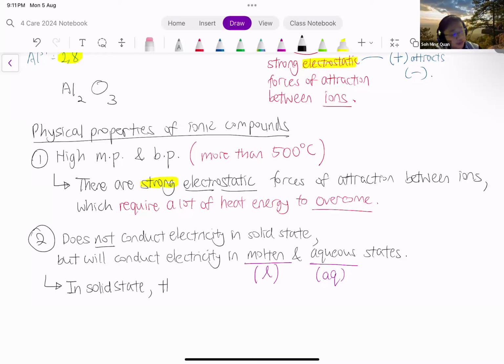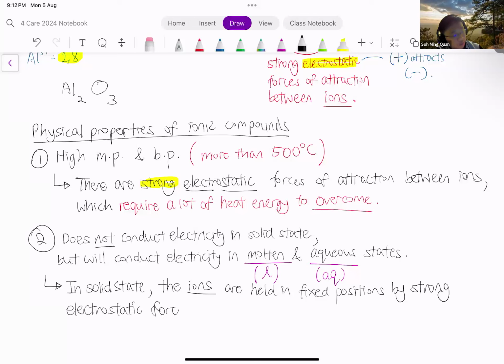In the solid state, the particles, and these particles are called ions because it's an ionic compound, are held in fixed positions. So in the solid state, your ions are vibrating about fixed positions. And what keeps them there? The forces of attraction called strong electrostatic forces of attraction.